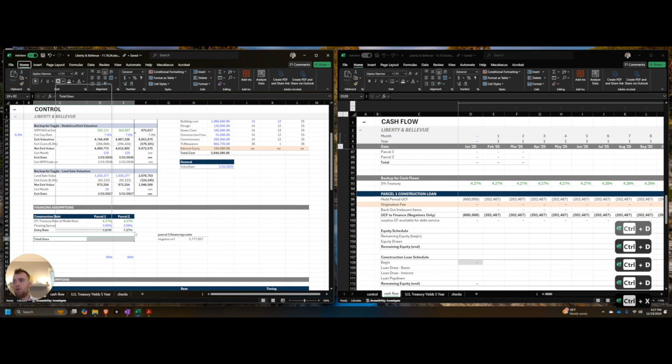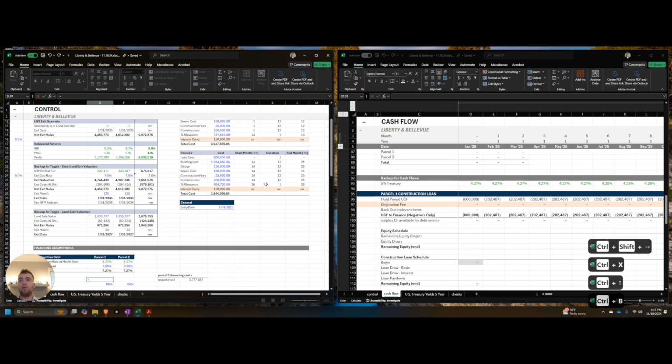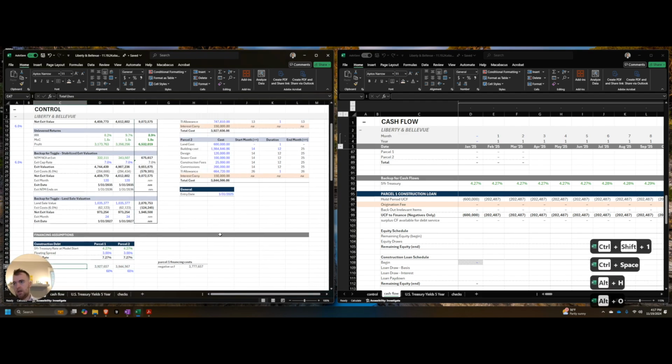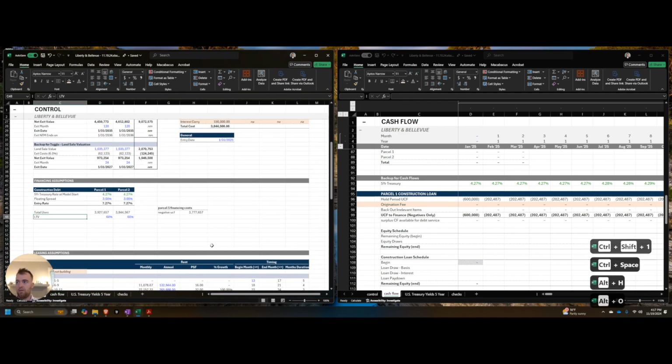Total uses. LTV. Parcel 1 total uses is that. Parcel 2 total uses is that. The interest reserve will be added in a second, but we've got to plug with 150 for now. Construction loan.